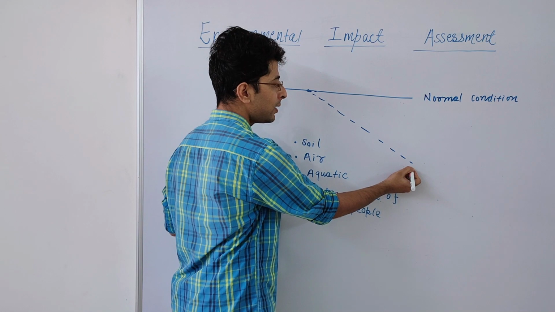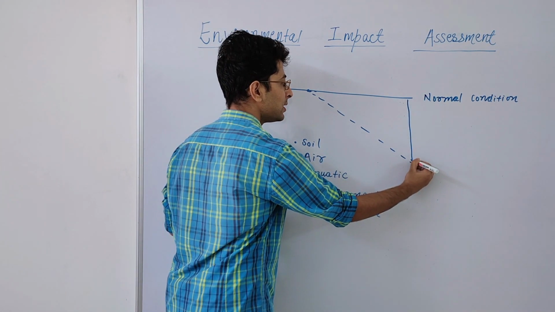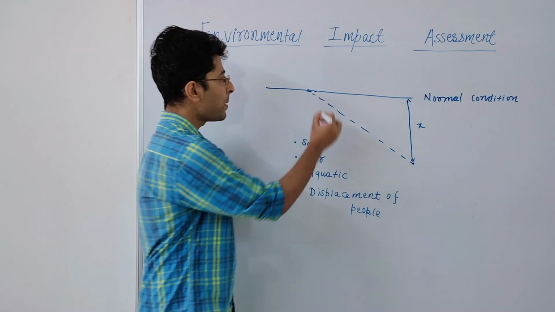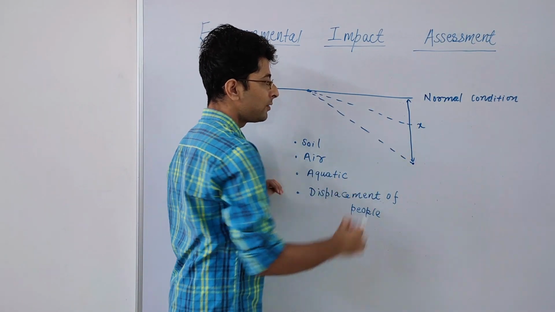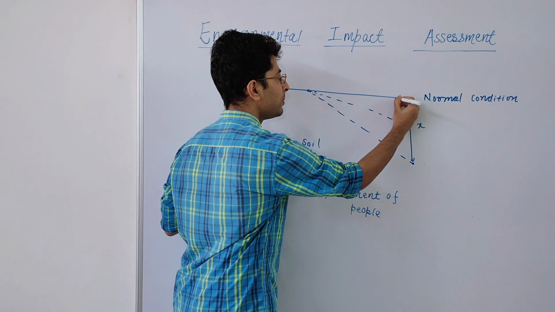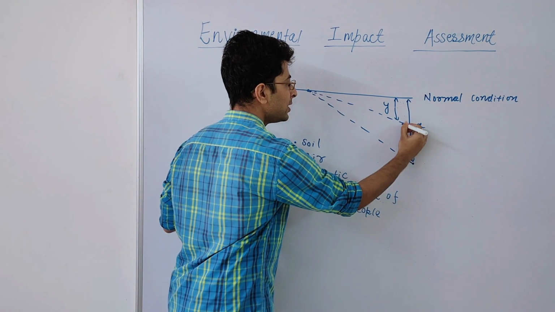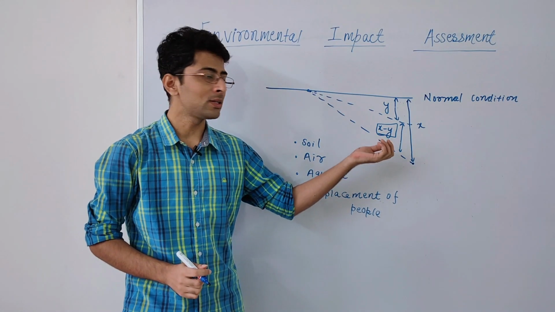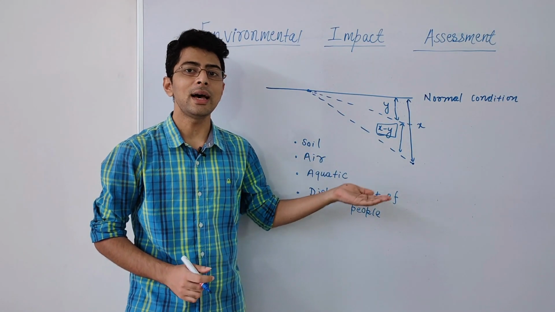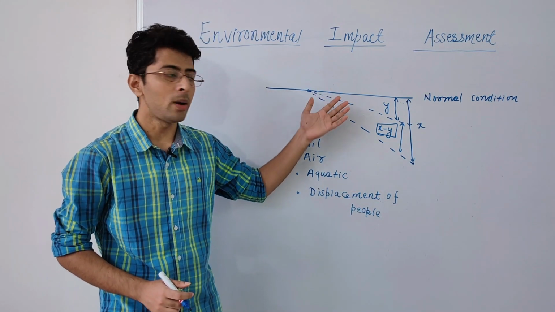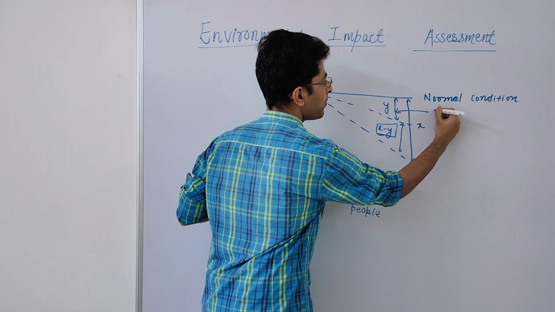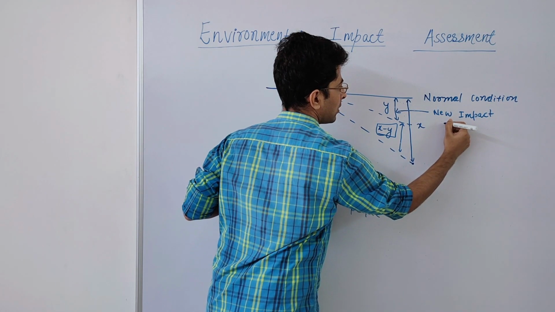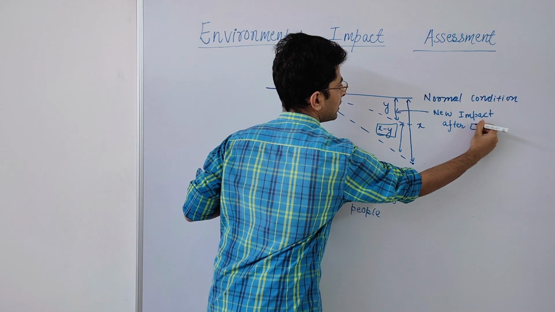So let's say without EIA, if the magnitude of impact is equal to X, then after EIA, the magnitude of the impact on the environmental variables will reduce to a new variable Y. So this is the magnitude, that is difference X minus Y, which is the reduction of the impact on the environment that has been arrived by using the tool, that is environmental impact assessment. So this is the new impact after EIA.